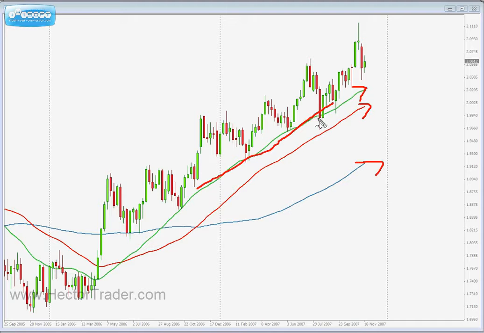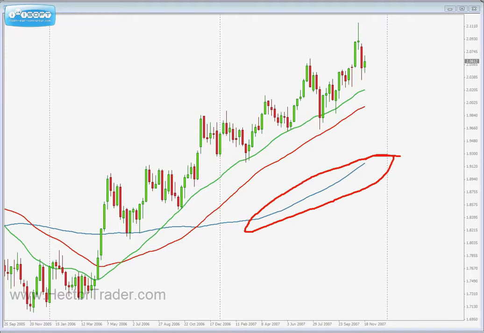They are more or less parallel, especially the 30 and the 50, which are the two most important ones. Price is nowhere near the 100. This is the 100 moving average, and price is very far away from it, isn't it?